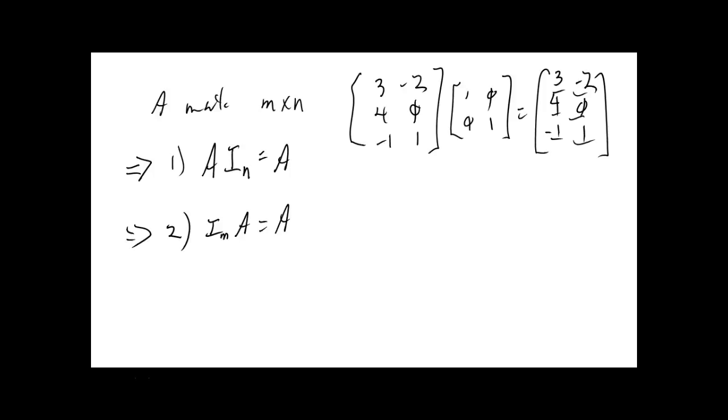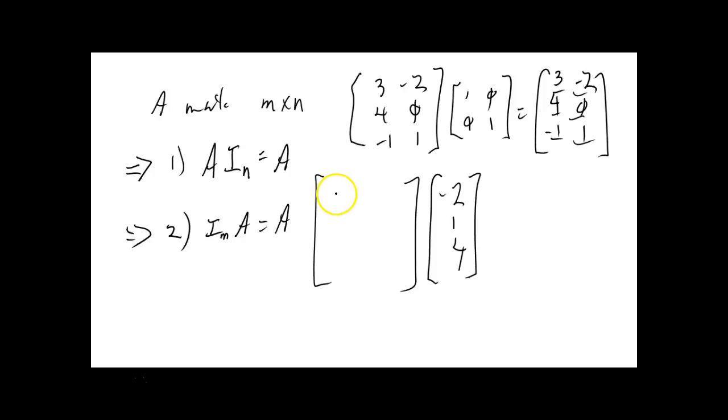All right. Now, if we had another, we're going to have this being a column matrix, -2, 1, 4. And I'm going to multiply the identity matrix over here. What size would this better be? 3 by 3. Got to be a 3 by 3, and what would that be then? 1, 0, 0, 0, 1, 0, 0, 0, 1.